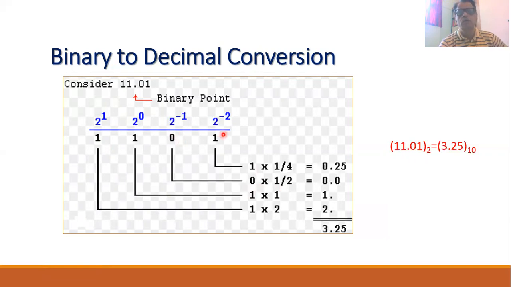Then 1 into 2 to the power -2. 2 to the power -2 is written as 1 upon 2 to the power 2, that is 1 upon 4. So 1 into 1 upon 4 is just 0.25. When I add all such products together, I get the summation as 3.25. And therefore our final result is: 11.01 binary is equal to 3.25 decimal.